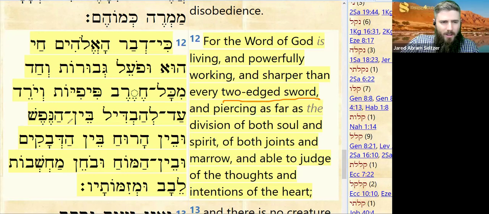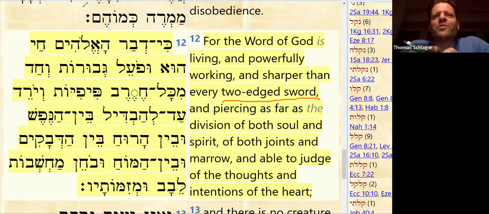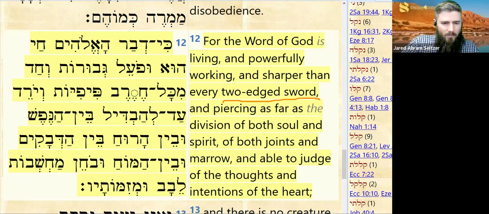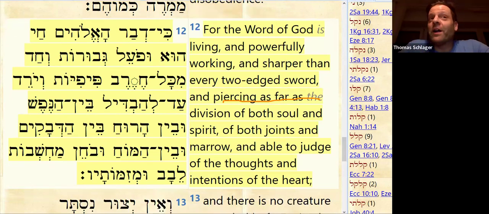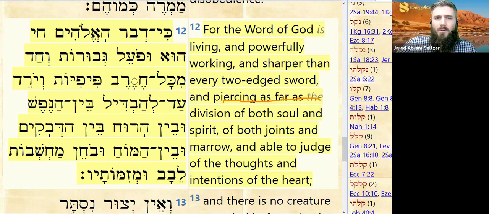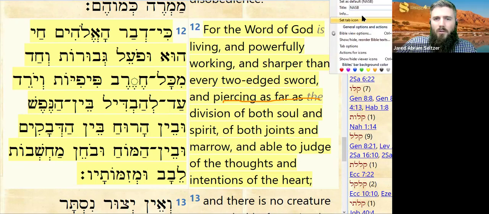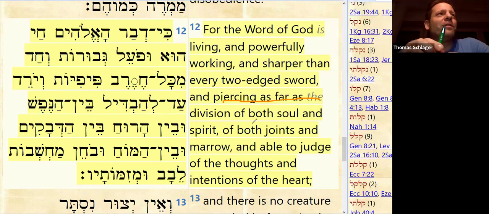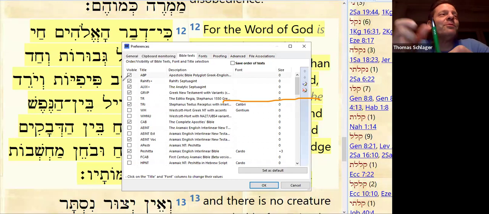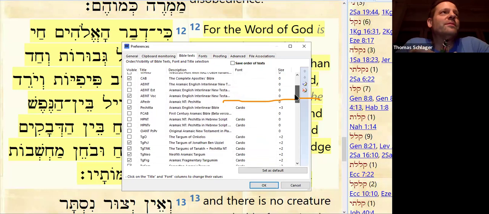The Holy Spirit is the best judge, because the word of the living God is through the Holy Spirit, and the best judge is the Holy Spirit.